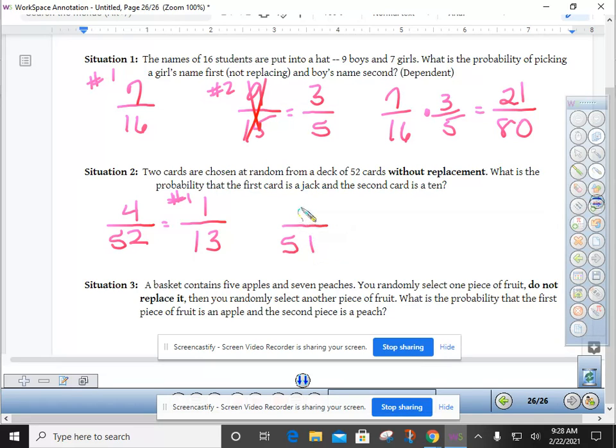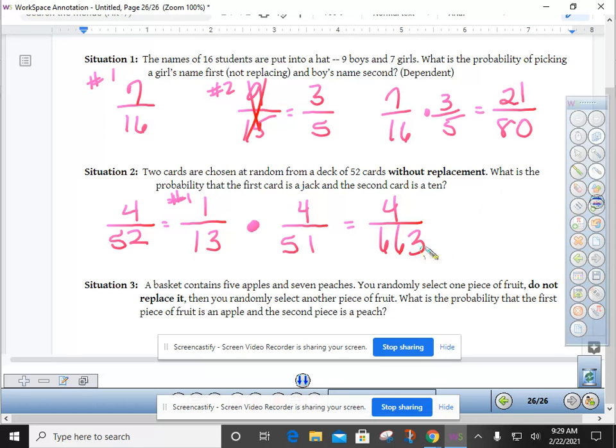How many are 10s? 4. Is that lowest form? Yes. How do you do compound? Multiply. I'll do the top. They'll do the bottom. What'd you get? 663. Perfect.